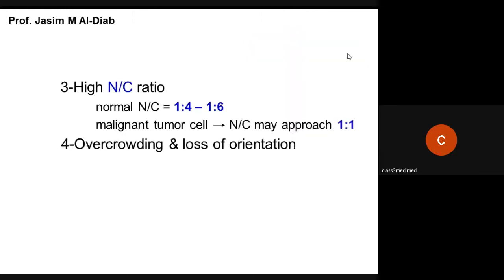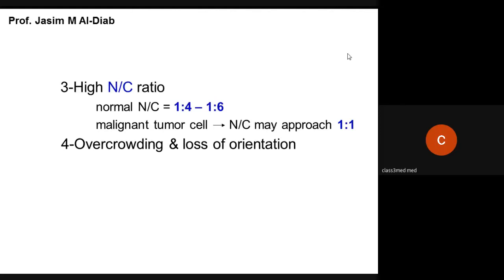Another criterion is overcrowding and disorganization of the tumor cells within the normal tissue. The normal arrangement or normal orientation of the cells within the tissue is lost. There is overcrowding. Why is there overcrowding of cells in malignant tumor? Yes, because there is rapid proliferation of the cells, so there will be overcrowding.